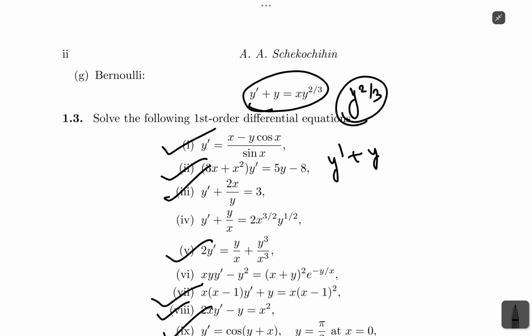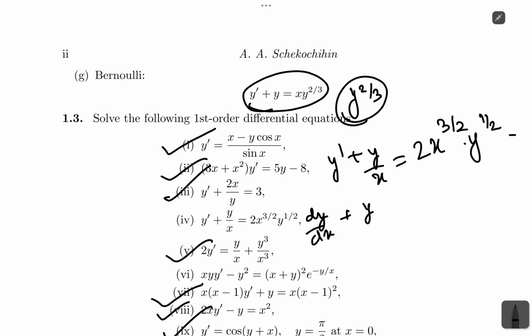Okay, y dash plus y by x is equal to 2x power 3 by 2 times y power 1 by 2. So dy by dx plus y by x is 2x times root xy. I'm gonna keep it like that. Okay, so what's the differential of this?